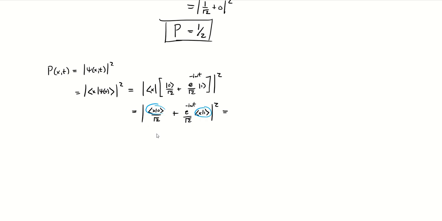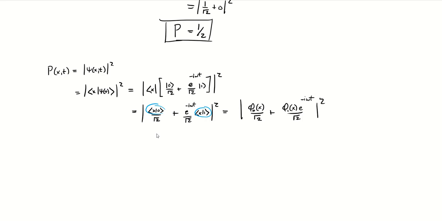So this whole thing ends up being the n=0 wave function over √2 plus the n=1 wave function times e^{-iωt} over √2.